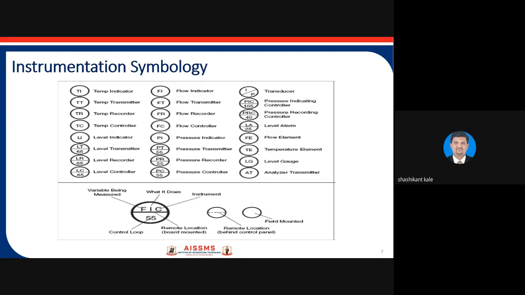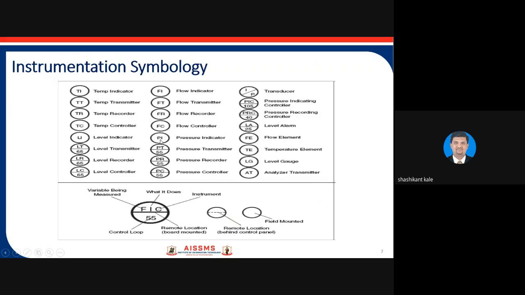In instrumentation symbology, see, the temperature indicator is shown like this. The temperature transmitter is shown like this, and these are field mounted instruments. These are the instruments which are on the panel, for example, level transmitter and level recorder, and numbers are given according to the loop in which it is available.